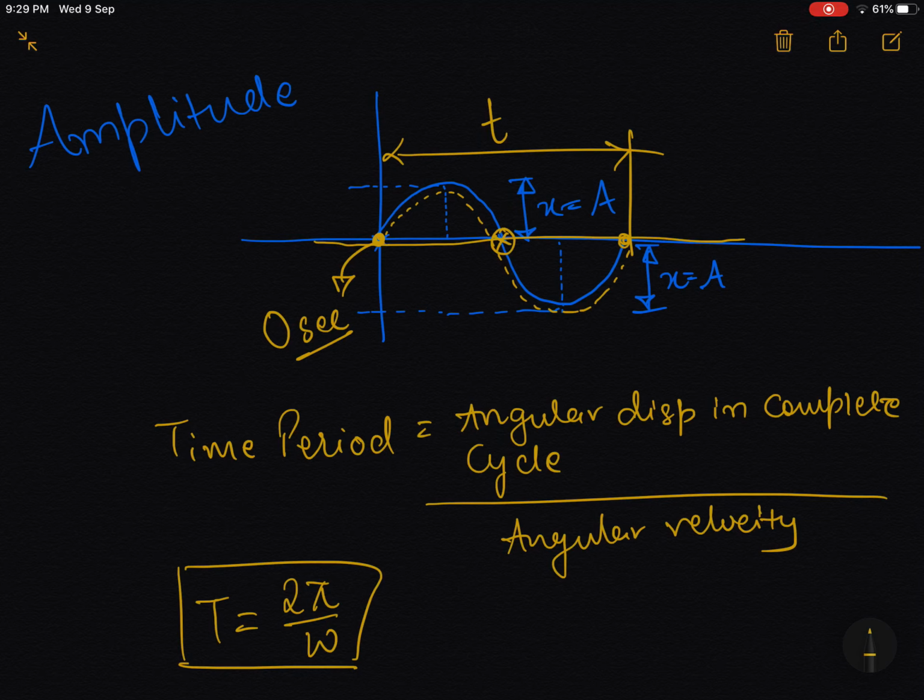Just to recall, we understood what direct current means, what alternating current means, how alternating current is generated, what amplitude is, and what time period is. Now what is frequency? Let us come to that. Frequency is nothing but the number of cycles completed per second.